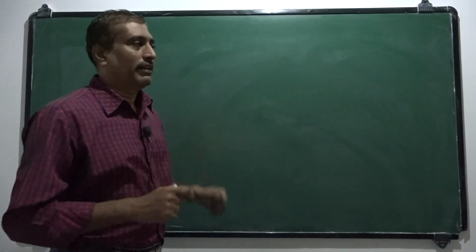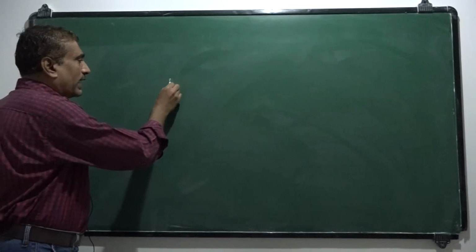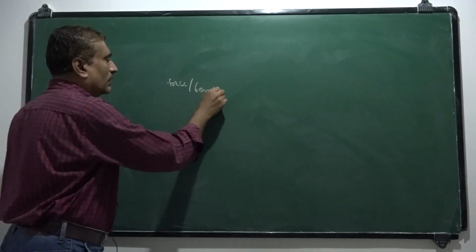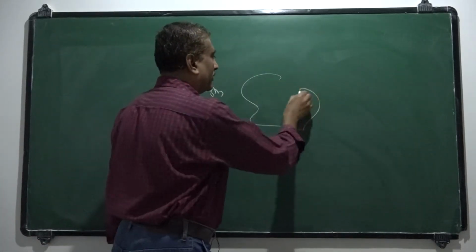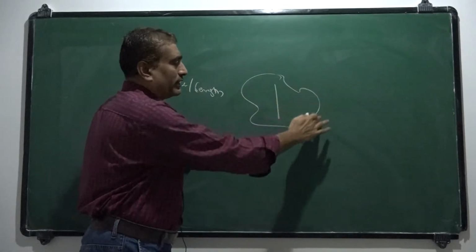Okay, and surface tension is defined as the force acting per unit length on the tangent drawn on the free surface, perpendicular. Suppose this is the free surface of the liquid.